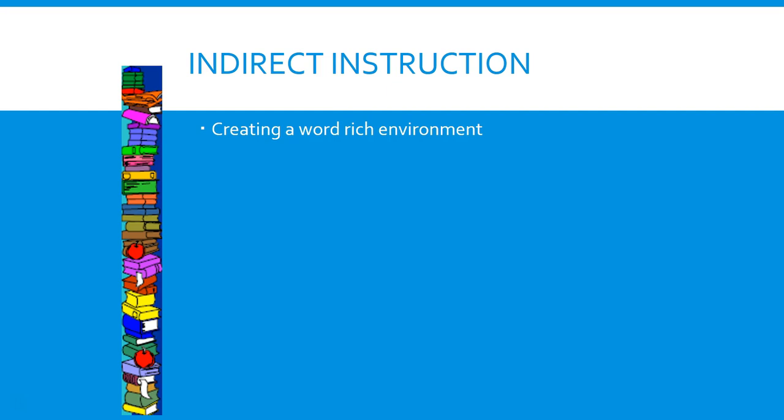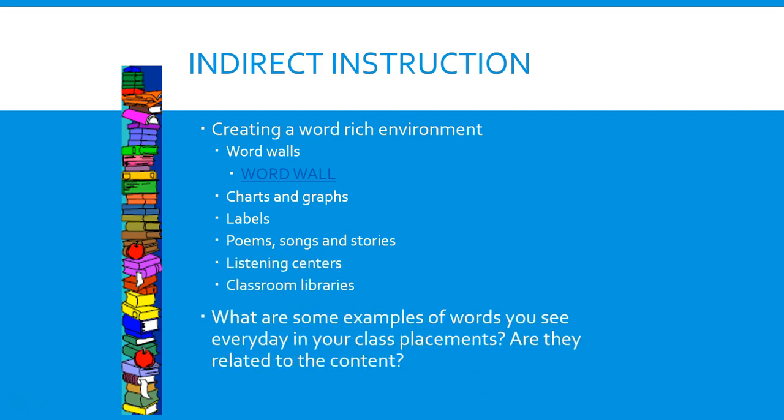Some examples of indirect instruction: creating a word-rich environment, so things like word walls, charts and graphs, having labels around the classroom, poems, songs, and stories that you often see in younger children's classrooms, listening centers, classroom libraries. Think about your practicum placements, the classroom or classrooms that you're in.